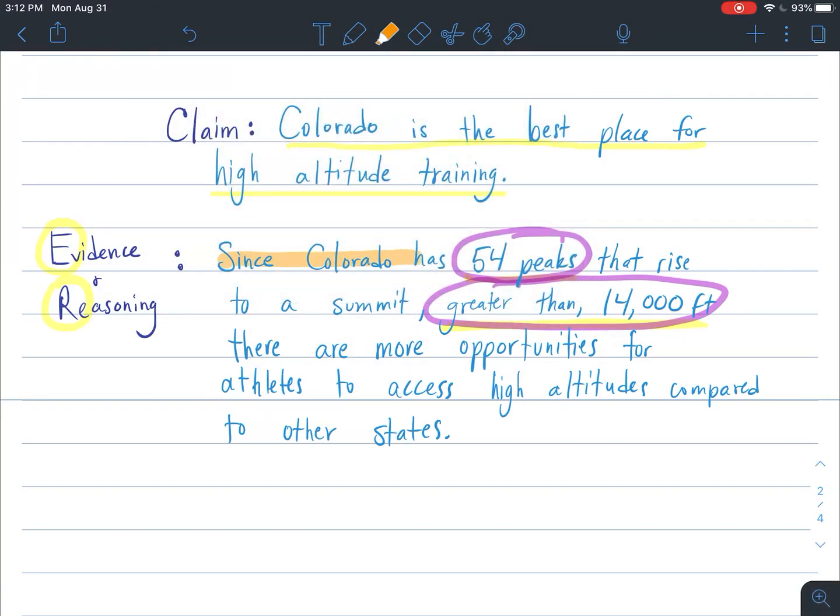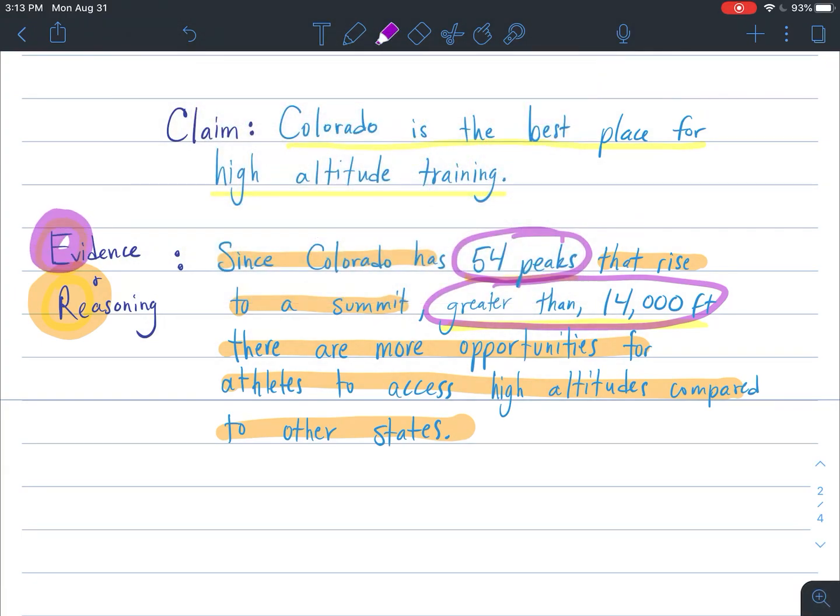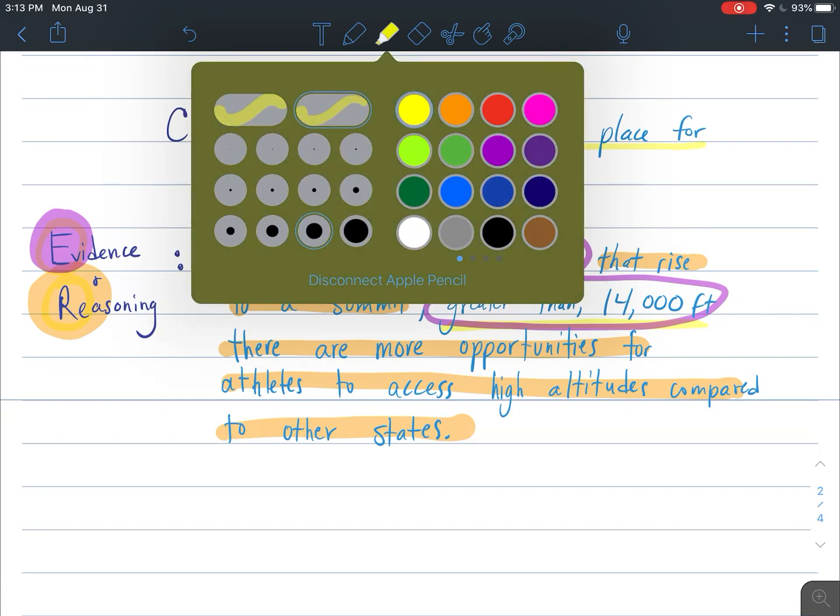So it'd be like saying that since Colorado has 54 of those peaks that rise to a summit that's greater than 14,000 feet, my reasoning is then that there are more opportunities for athletes to access high altitudes compared to other states. So in this example, you can see my reasoning is in orange, my evidence is in purple, and my claim is in yellow.